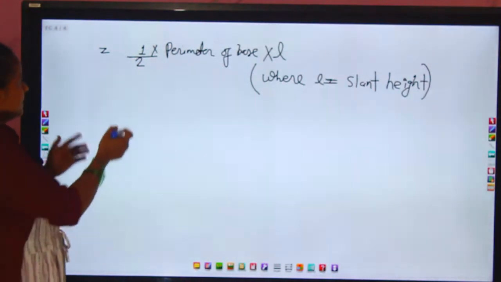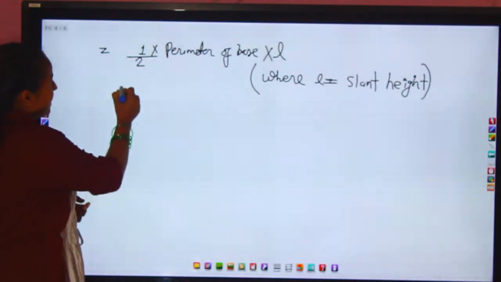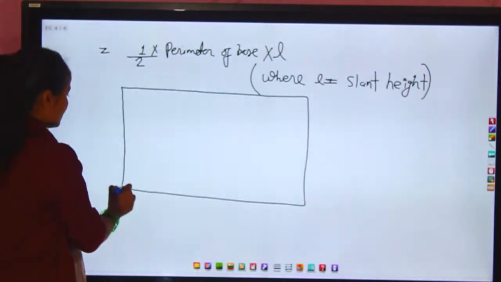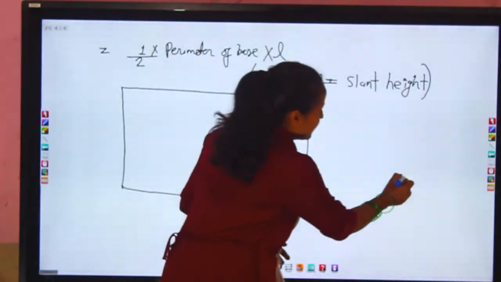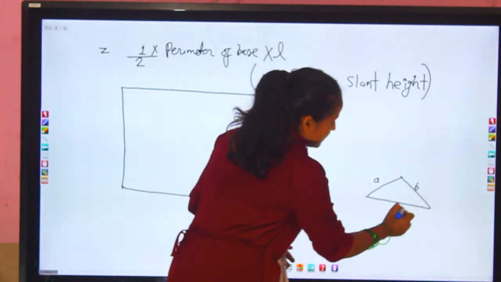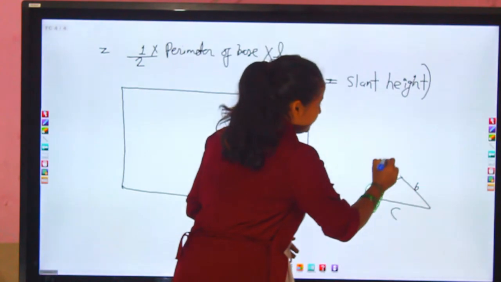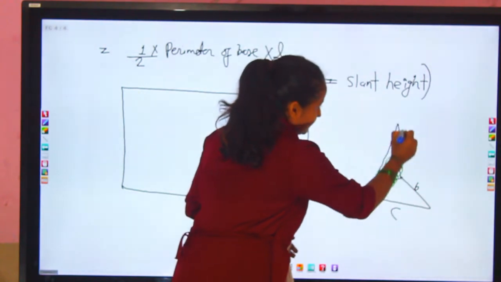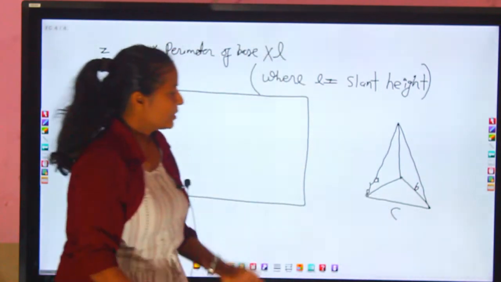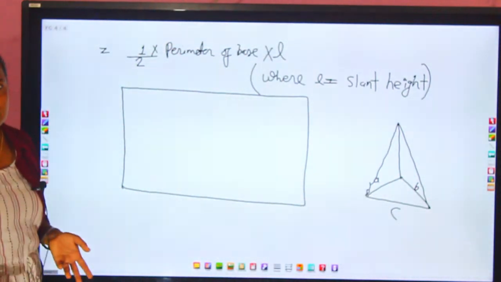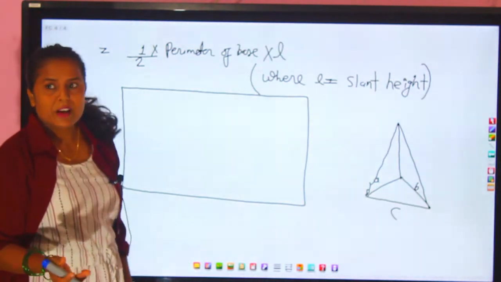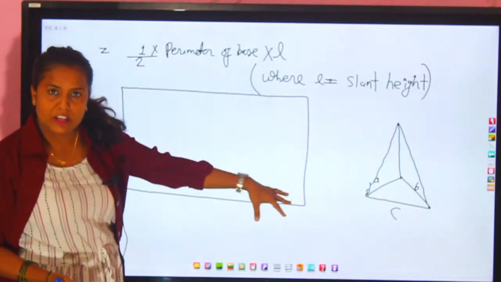We can do again here. We can find out another formula also, because we are in a right pyramid, okay. Right pyramid means all the lateral faces are equal, and right pyramid means the base is also regular.